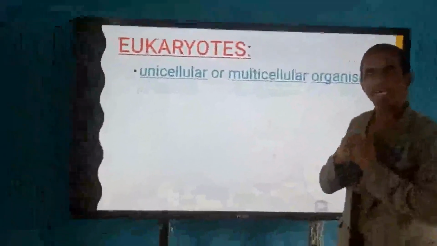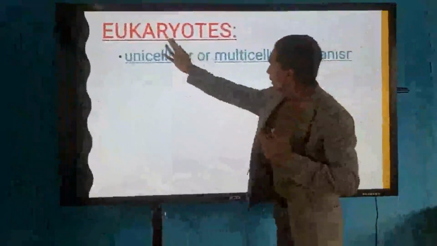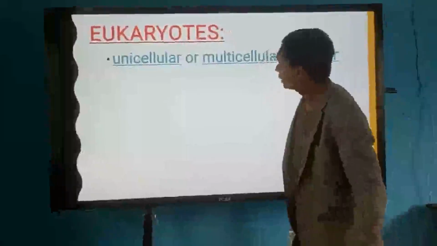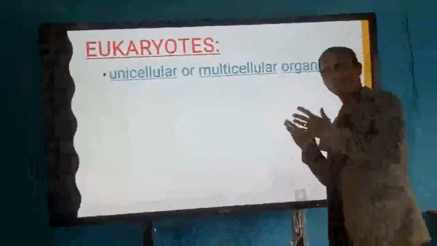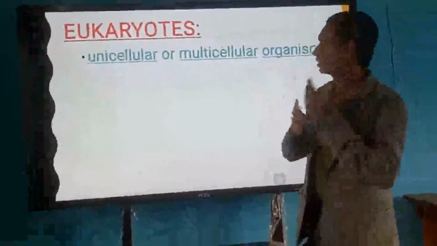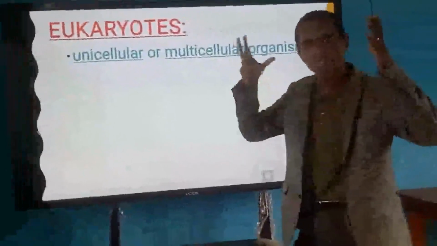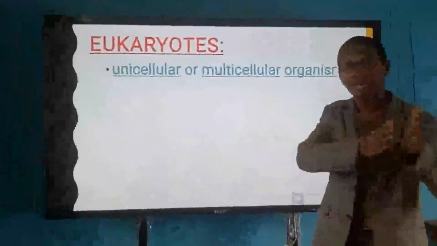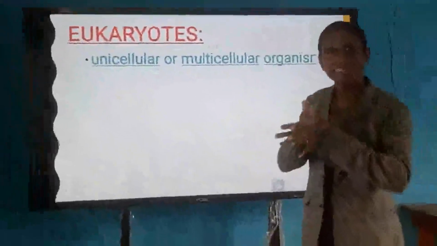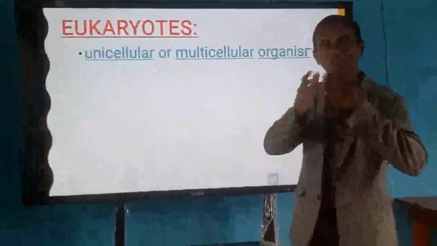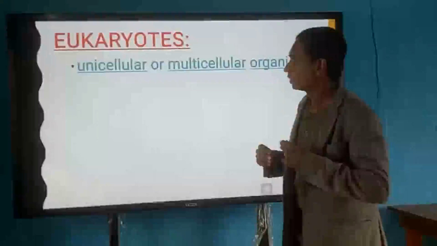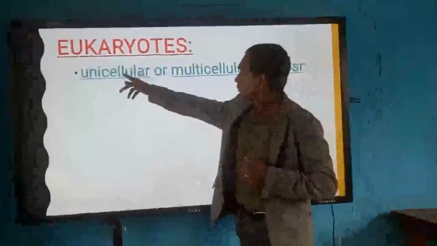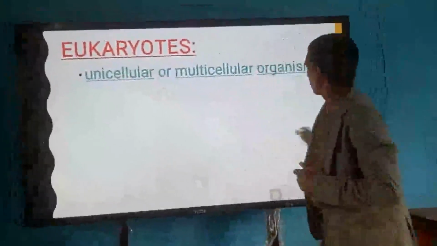That's why we categorize them as unicellular eukaryotic organisms. Unicellular means they have only one single cell, but a very developed cellular structure. Like amoeba, algae, and protists, and also some of the fungi belong to the unicellular eukaryotic category.